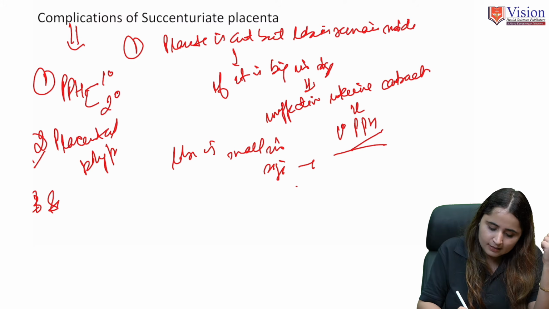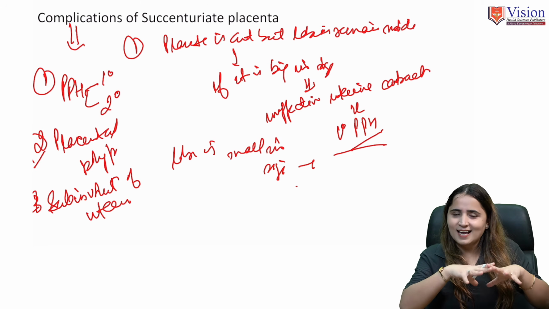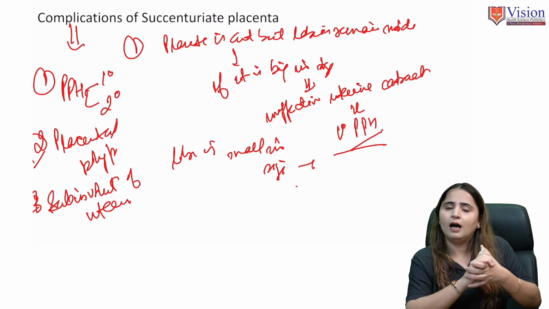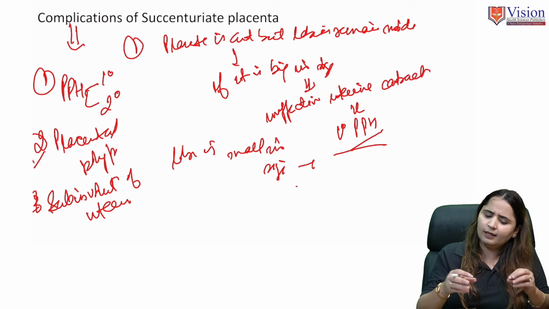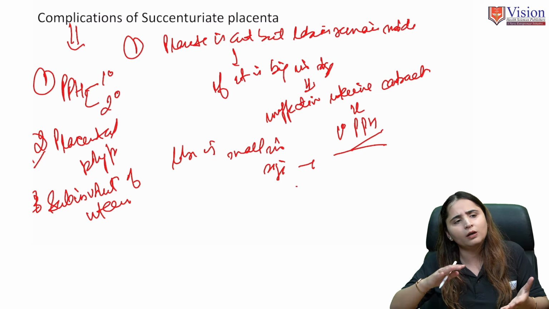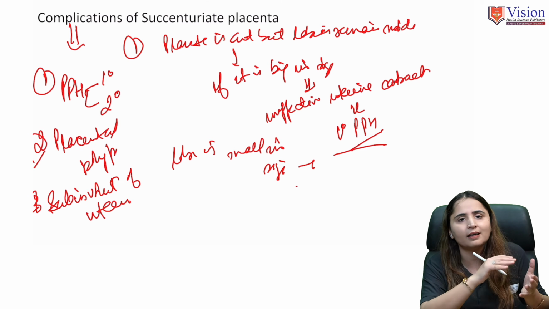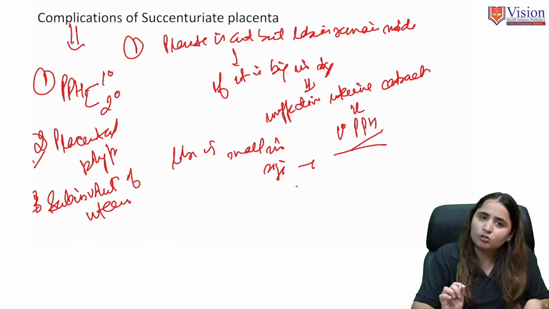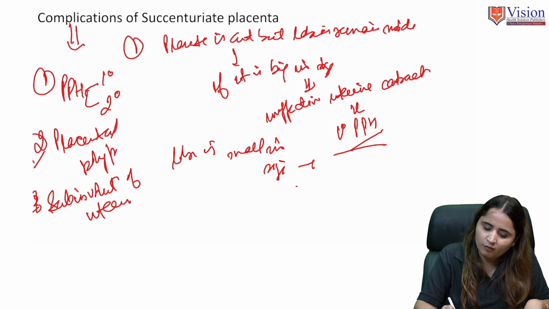And third is subinvolution of uterus. Involution is decrease in the size of the fundus of uterus, like it is coming to the pre-pregnant state. अगर कोई चीज अंदर है, चाहे it is a placenta, either it is a cotton, कुछ भी रह गया अंदर, इन्वोल्यूशन को वो रिटार्ड करेगा, जितनी हमने एक्सपेक्टेड इन्वोल्यूशन की थी वो नहीं हो पाएगी. So it will lead to the subinvolution of the uterus.